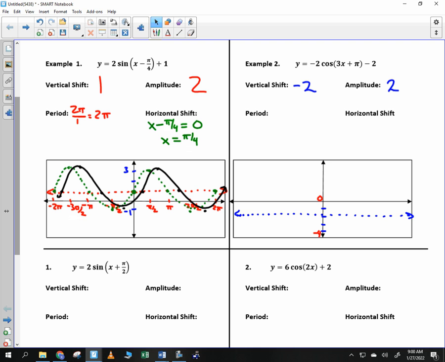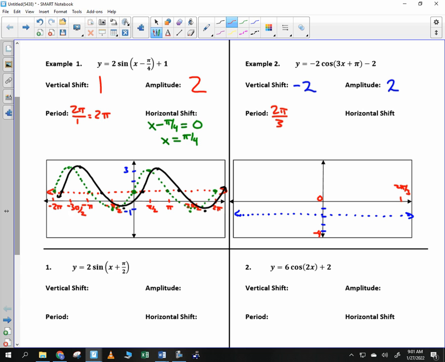Period. 2 pi over 3. It's kind of gross, isn't it? So mark there, 2 pi over 3. What's half of 2 pi over 3?